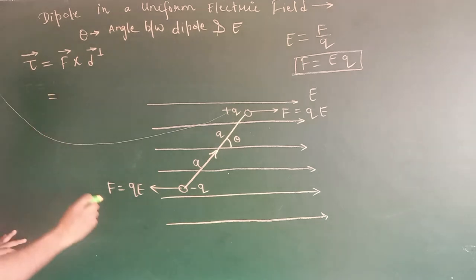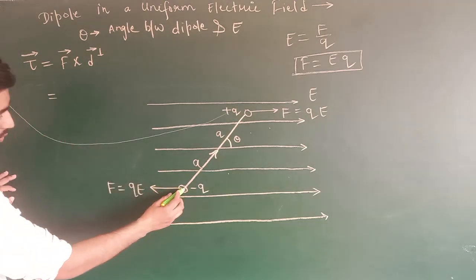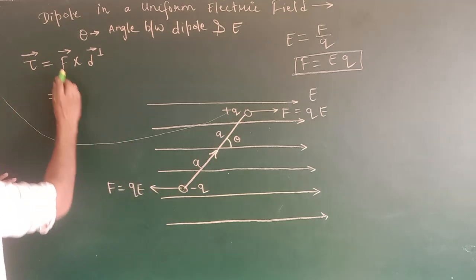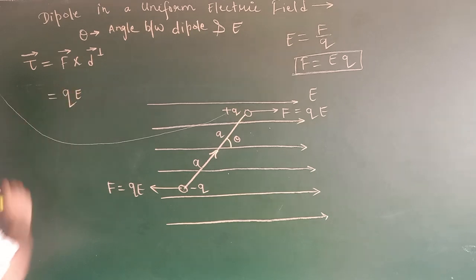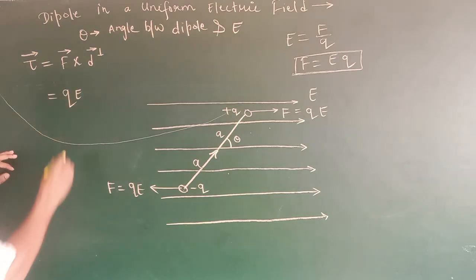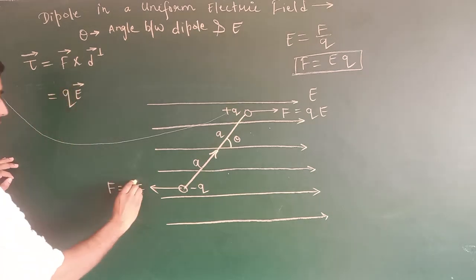So if we want to write F in terms of qE, that is also correct. So we can replace it by qE, rather vector qE.